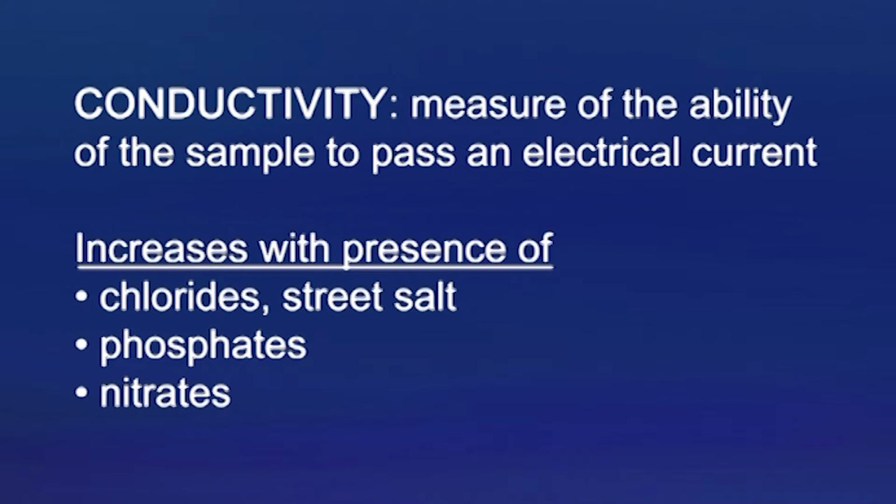Conductivity can be influenced by the geology of the stream, but it can also come from salted streets for snow and ice. It can also be an indicator of wastewater discharges or septic issues. It also changes with the temperature of the water sample as well.